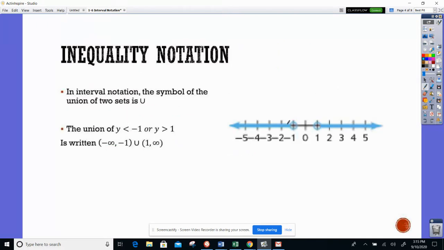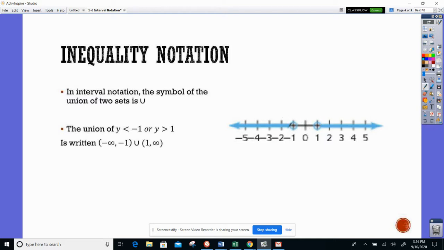Okay, so you notice it could be anything that is less than negative 1 or anything that is greater than positive 1. In interval notation, you write both of them. Okay, so if you look at this half, it goes from negative infinity over here up until negative 1. I'll write that. Up until negative 1. And then this half starts at 1 and goes all the way to positive infinity.